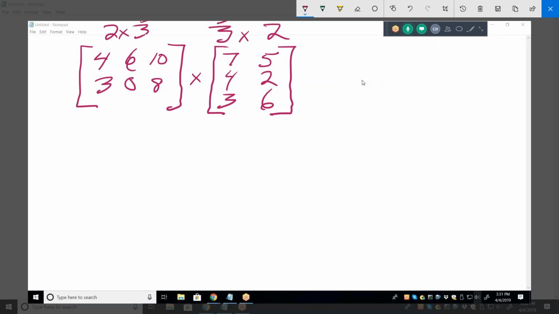So it should be a 2 by 2. Yes, sir. What's the first step? So we are going to multiply the first row of the first matrix times the first column of the second matrix. So that's going to be 4 times 7 plus 6 times 4.